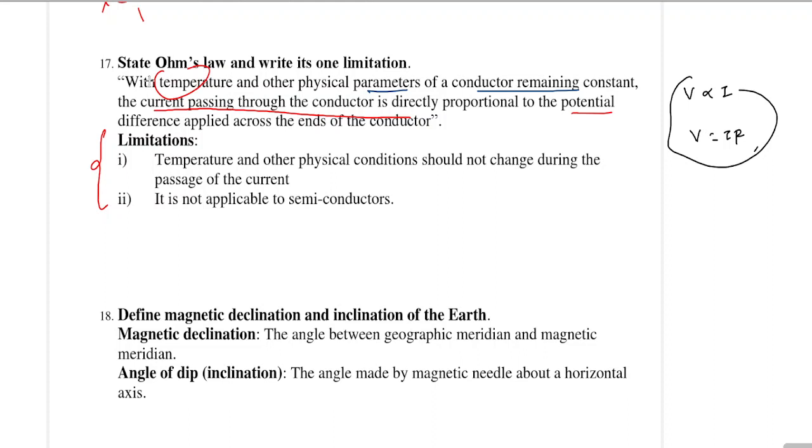If we look at the statement of Ohm's law, it says with temperature and other physical parameters remaining constant. So Ohm's law is not valid if temperature and physical parameters don't remain constant. See, first point. Second point is it is not applicable to semiconductors. There are many more limitations, but this is sufficient.